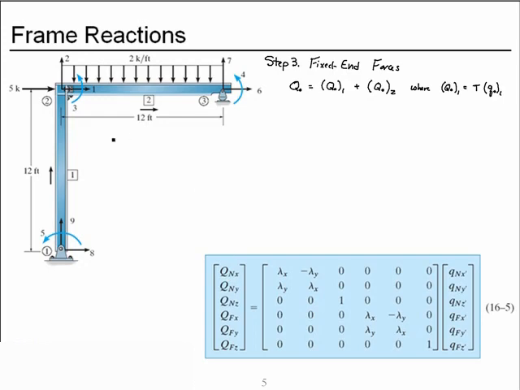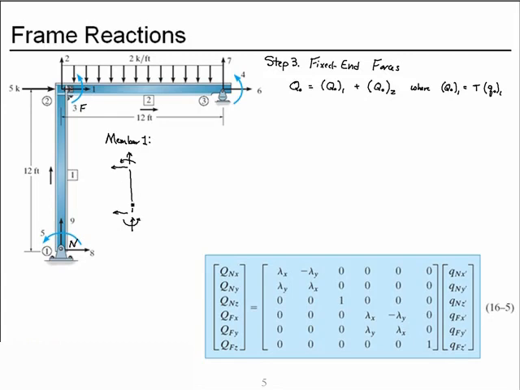So let's begin with member 1. I'll draw a free body of member 1 with the axial, shear, shear, axial, and moment drawn in the local positive directions, because this is the near node and this is the far node for member 1.